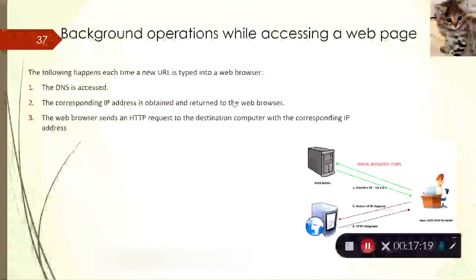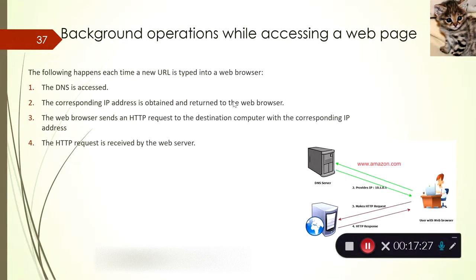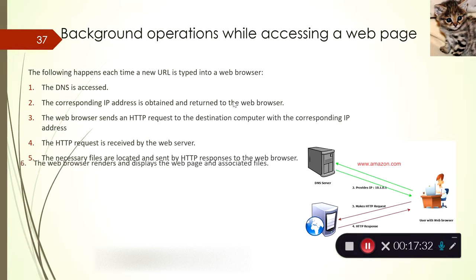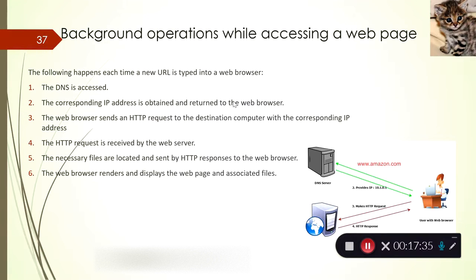The web browser will send an HTTP request, and then the server will respond back with an HTTP response. Finally, the browser will display the file on your system. So this is what happens from the start to the end. This is how the internet works.